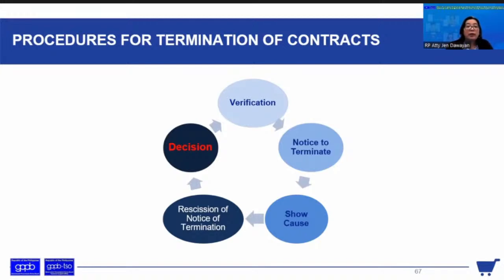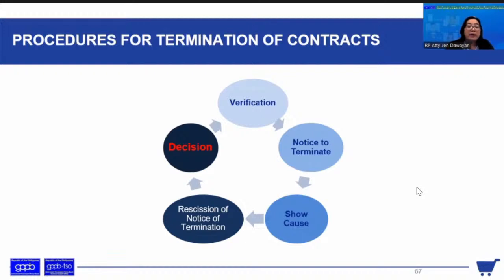And then with the instruction to the winning supplier or consultant to show cause why the contract should not be terminated. And then, of course, the notice to terminate should be accompanied by the verified report. And then also the show cause as a third step.